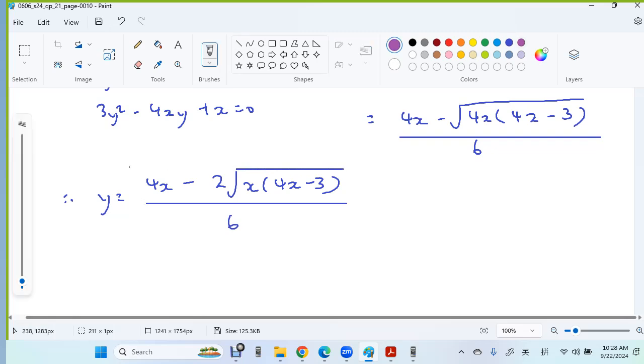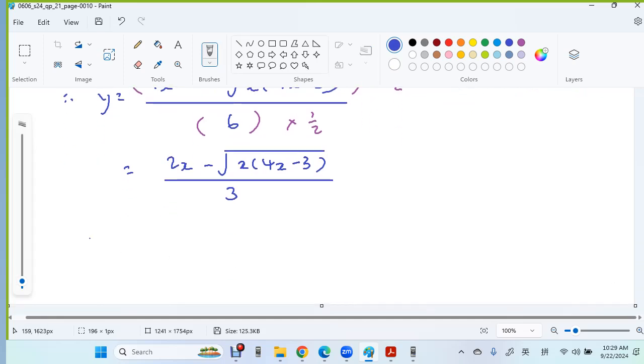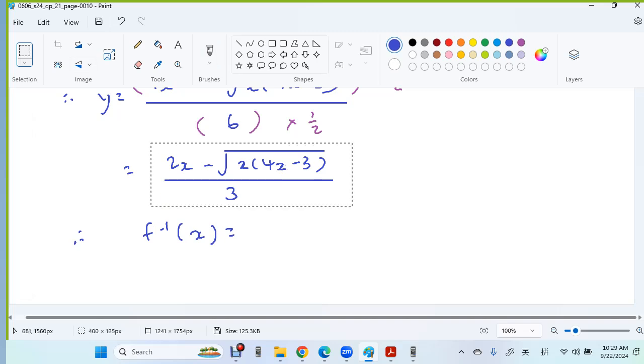So the whole thing divided by 2, or multiplied by half, will become 2x minus the square root of x times (4x minus 3) over 3. So from here we can make a conclusion that the f inverse of x is this.